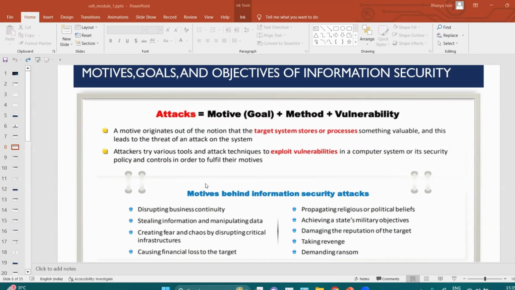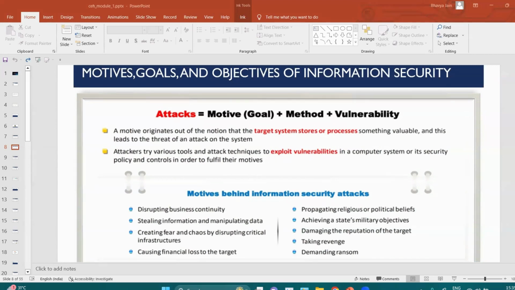And then we have vulnerability, which is how we can hack a device. Let's say I want to hack your device. How can I hack your device? With the help of a vulnerability. If your device contains some vulnerable services, some open ports, then I can simply gain access inside your system without any extra effort.